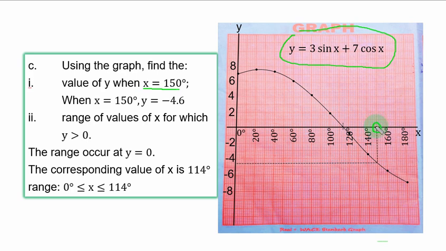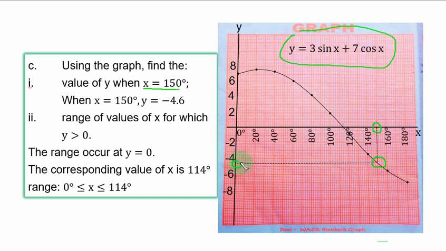If you decide to trace that point upward, it cannot meet the curve. That means you cannot get y when you trace upward. So the best option is to trace that point down. You trace down to meet the curve at this point, and you trace that point to the y-axis.